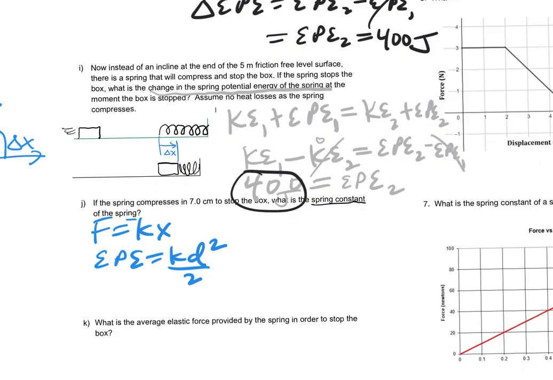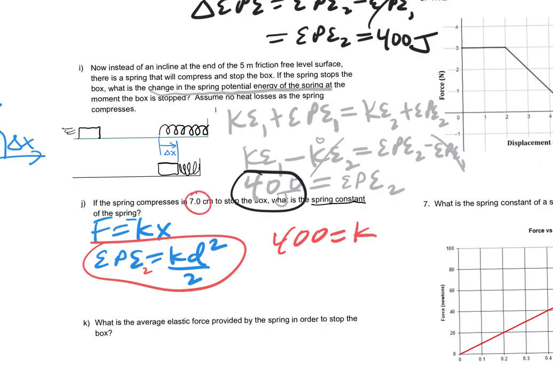So I'm going to use this one right here. I know EPE2 is going to be 400 joules. The k is what I'm looking for. The distance it got squashed in is 7 centimeters, which is 0.07 meters, dividing by 100.